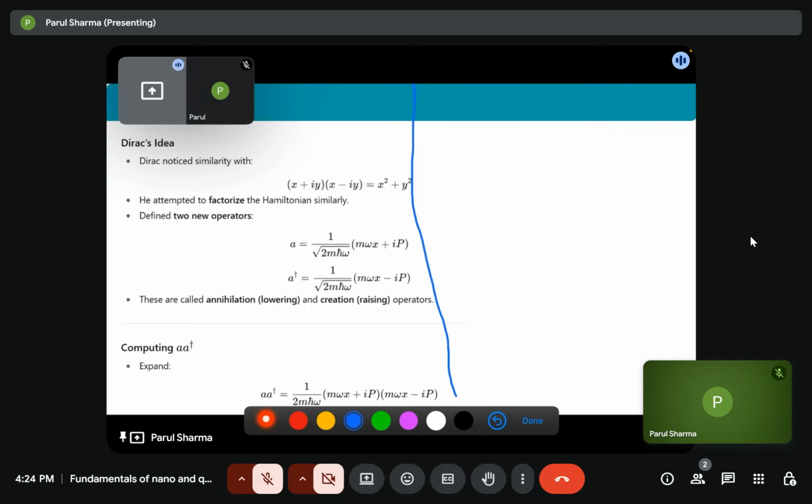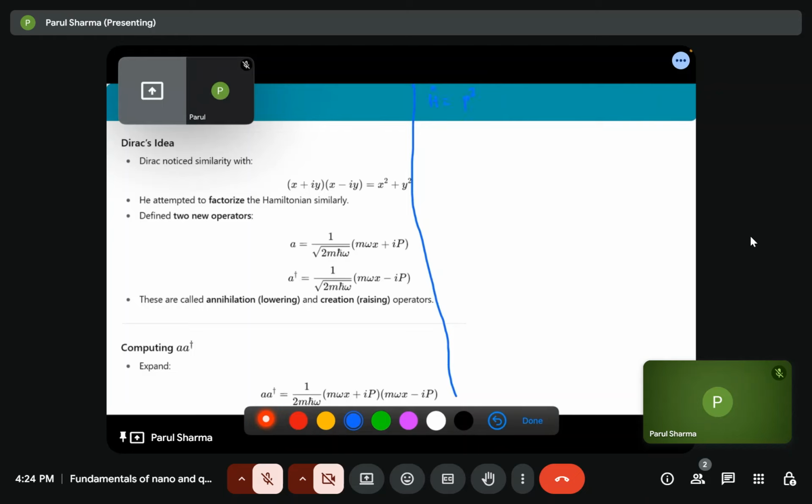So we have H equals P square by 2m plus half m omega square x square.